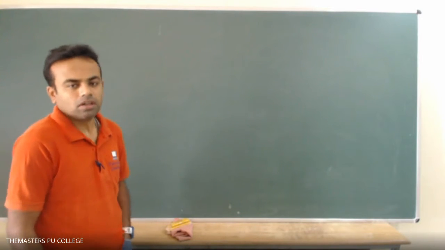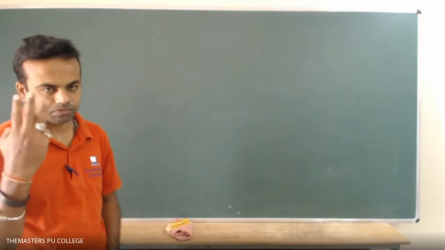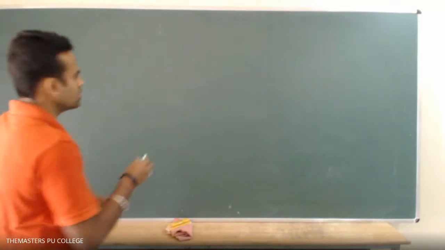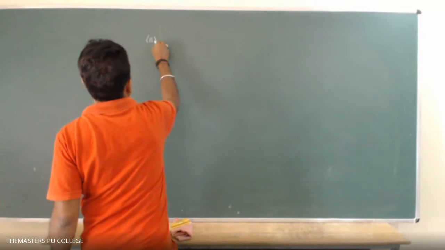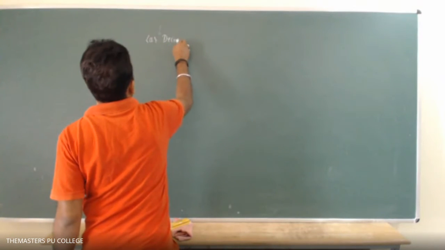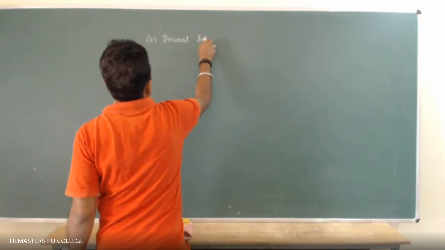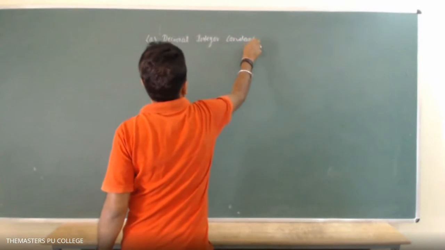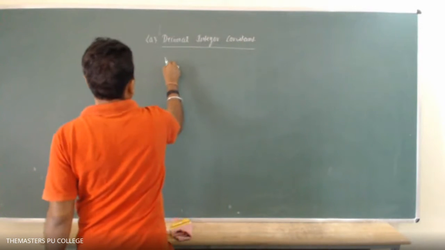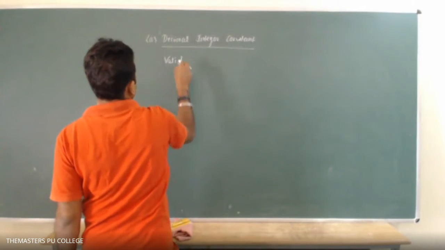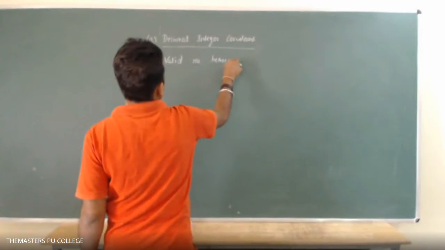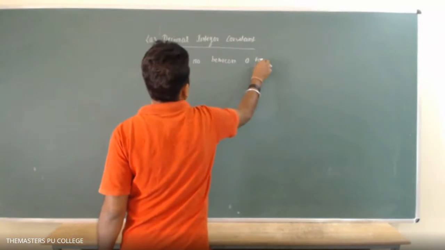Is that clear? It can be classified into three types. First, the decimal integer constant. The decimal integer constant has a valid number between 0 to 9.